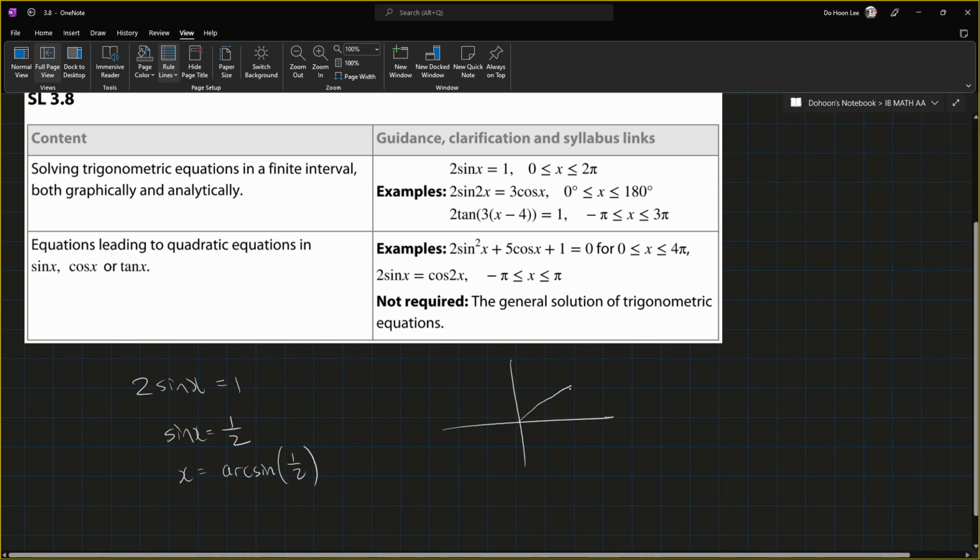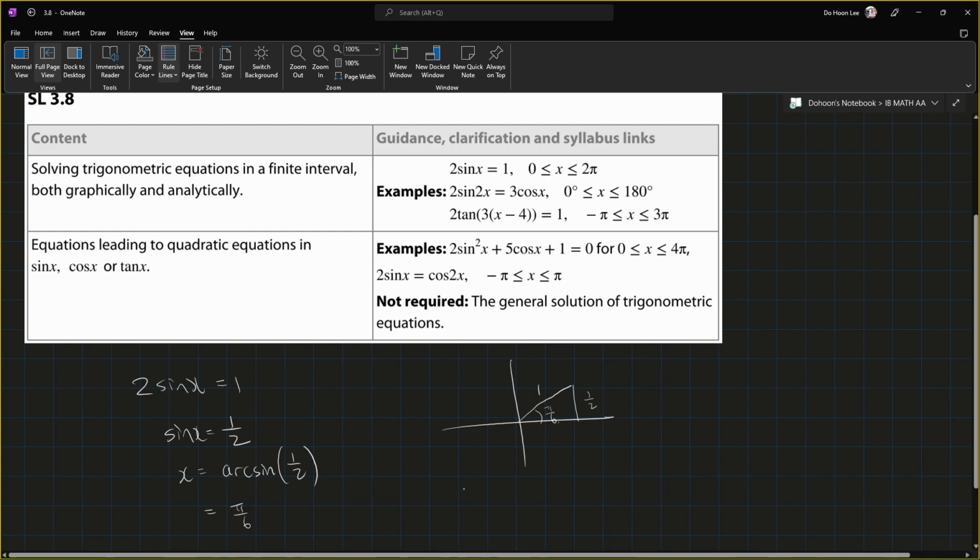So I can draw a triangle like this, where the opposite is 1 over 2 and the hypotenuse is 1. Well, what's the angle for this triangle? Obviously, this is one of the special triangles where this angle is pi over 6. So we can say that arc sine 1 over 2 is simply pi over 6.